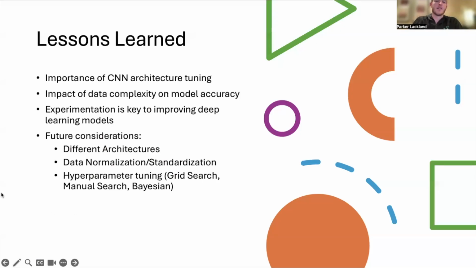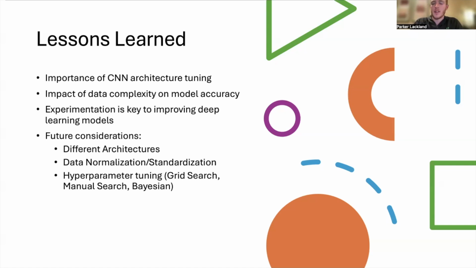So the lessons learned, the importance of CNN architecture tuning is great. There is a lot of experimentation that needs to be done to improve on these deep learning model accuracies. Initially, you can think one thing, and then by the end of the day, after a lot of experimentation with the different hyperparameters that you could tune and the different depths of every model, every data set's different, and you can improve based on its complexity.